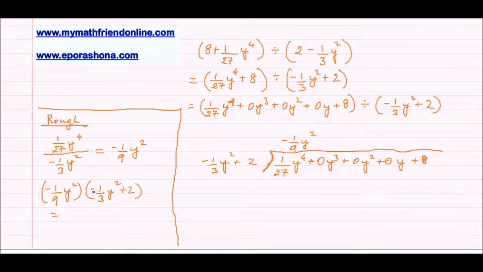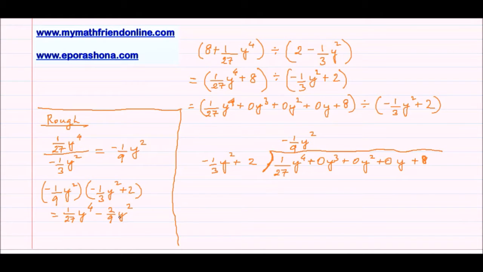Obviously, minus multiplied by minus will be giving us a positive result. And 1 by 9 multiplied by 1 by 3 is 1 by 27. And y square multiplied by y square is y to the power of 4. And minus 1 by 9 into y square multiplied by plus 2 gives us a minus 2 by 9 into y square.